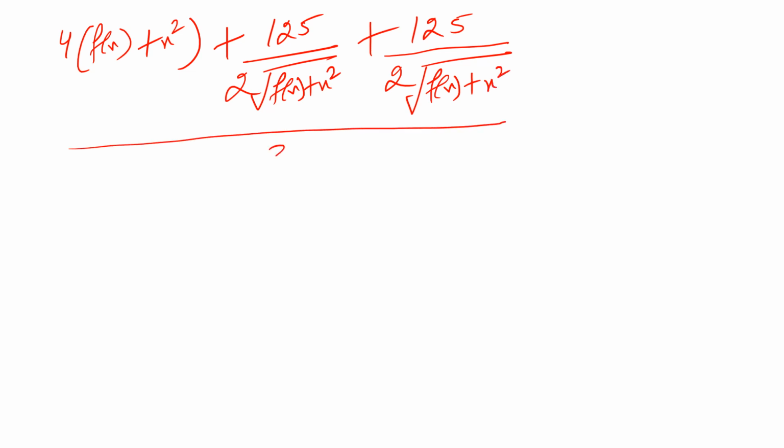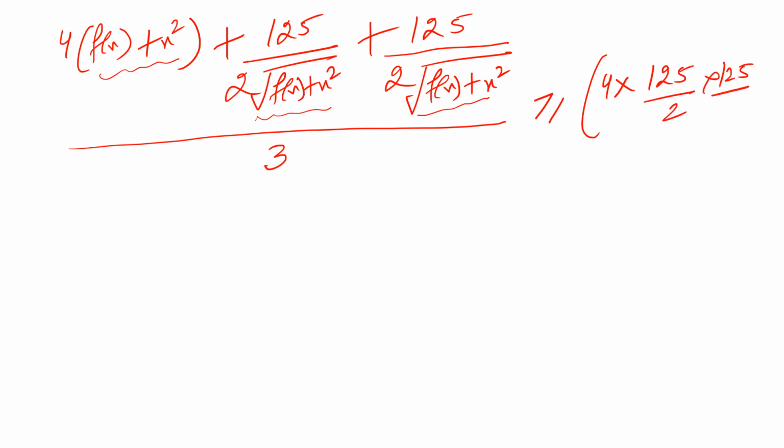Now if you apply the AM-GM rule, then on the left hand side this is the AM of these three expressions, and this is greater than or equal to the cube root of their product. Now what is going to be their product? As I already told you, this f(x) plus x square and these under root f(x) plus x square will all cancel out to give you the cube root of 4 into 125 by 2 into 125 by 2.